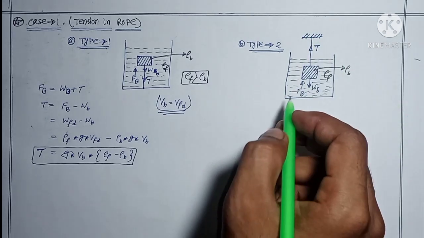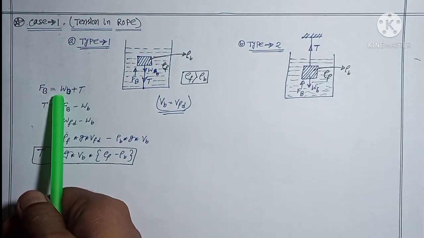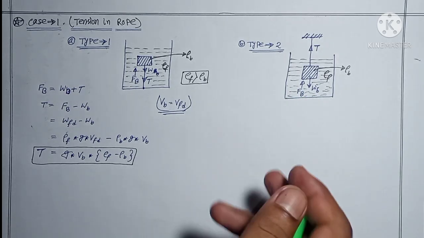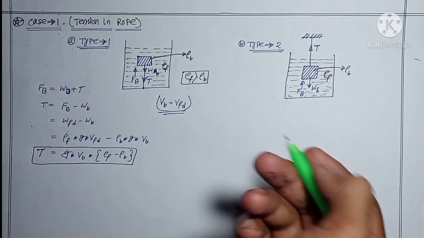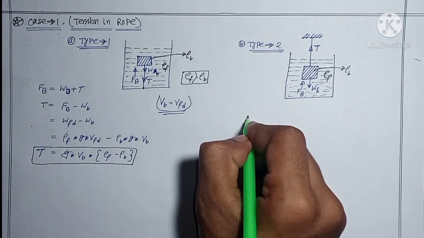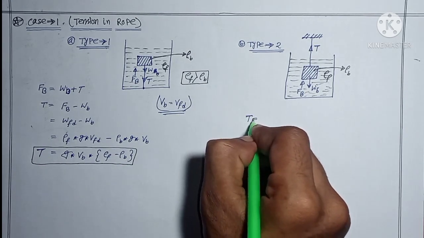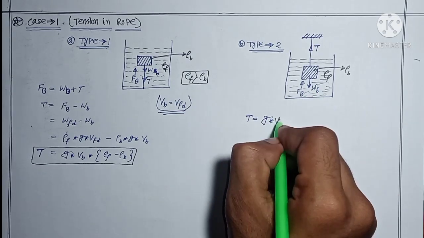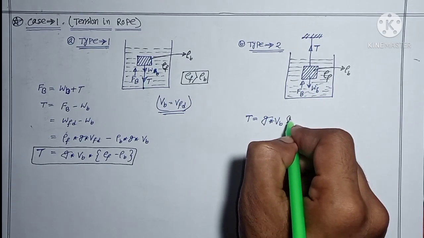Just like the previous case you can equate the forces in the upward and downward directions, but I'm not writing it out. Just follow me. We have to find the tension. Now g we can take common, and since it is totally submerged, the volume of body we can also take common.